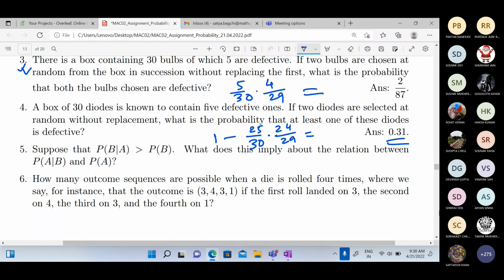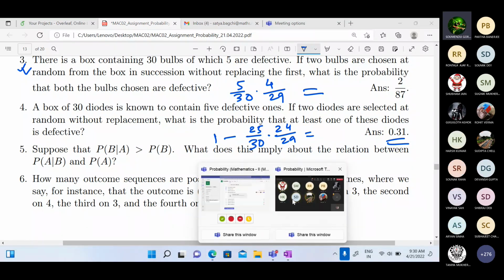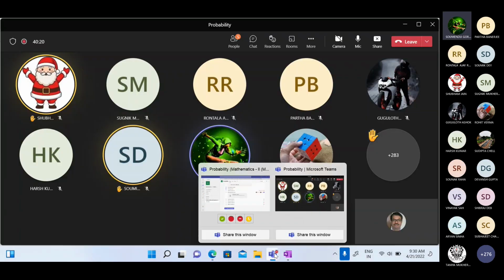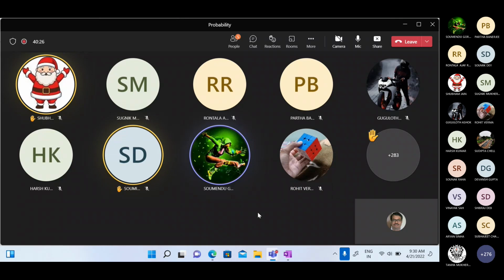Anyone? Yes, please. Sir, it is written 25 by 30 into 24 by 29. That is the probability of one non-defective, right, sir? Exactly, none of these are defective. All of these non-defective.